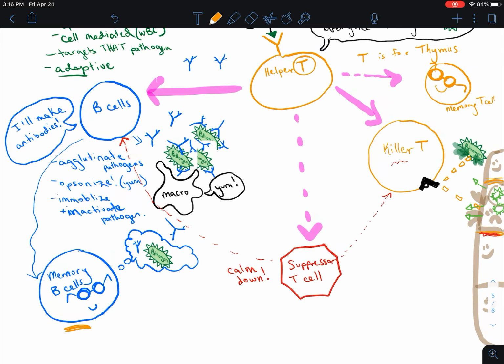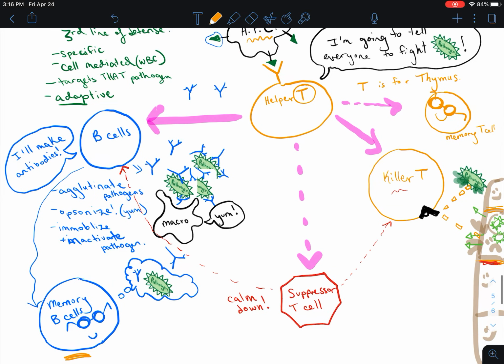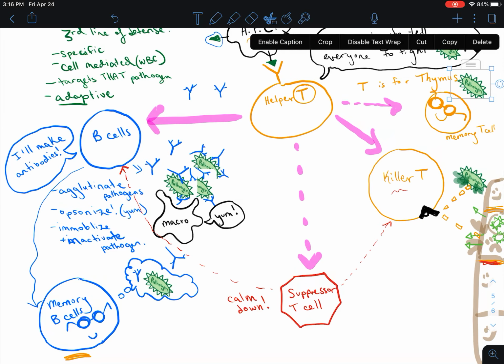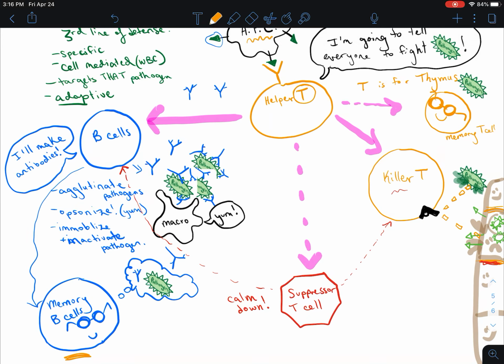He's a memory T cell, and he is also always going to remember the pathogen. Okay, and so this is really important, especially for that helper T cell, who is so important in starting that whole immune response. If we can keep some of those guys around who remember the pathogen long term, we're going to have more success fighting it in the future.